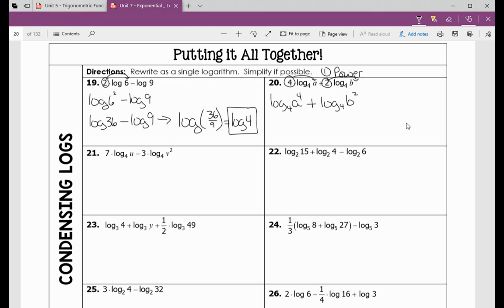Now I have a log plus a log. So do I multiply or divide? Multiply. So I'm going to multiply this number times this number. So I have a parentheses with a to the 4th times b squared in it. Now, you don't necessarily have to show the multiplication dot. I'm just showing it just to make sure we're all on the same page with the multiplying.